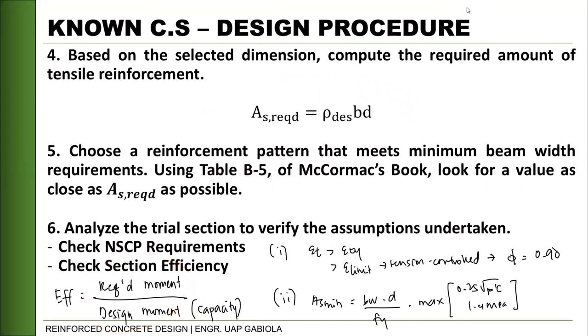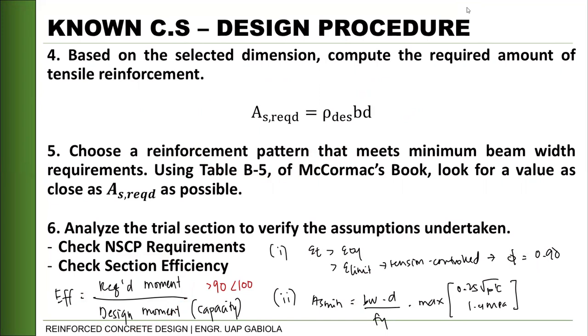The result we want is, as much as possible, greater than 90%, but of course less than 100%. It will be more economical if we get an efficiency greater than 90%.